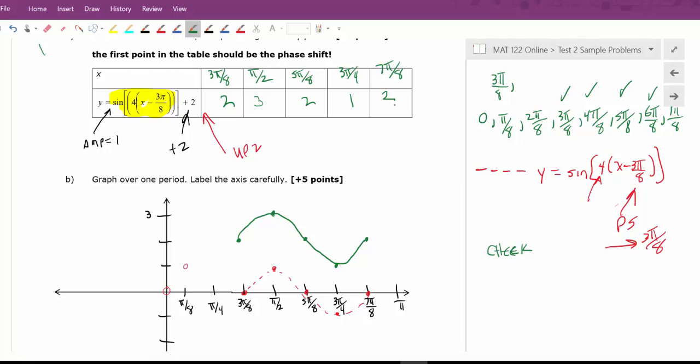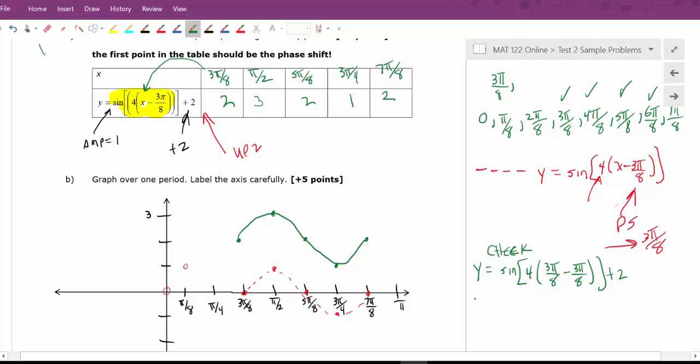Now, if you want to check, just pick one. And my thing is I always try to keep it easy. If you plugged 3 pi over 8 in, it would make it real easy to check. So let's do this. Let's do y equals sine of 4 times the quantity 3 pi over 8 minus 3 pi over 8, plus 2. You can pick anything you want to, but I sure like 3 pi over 8 because it makes it easy.